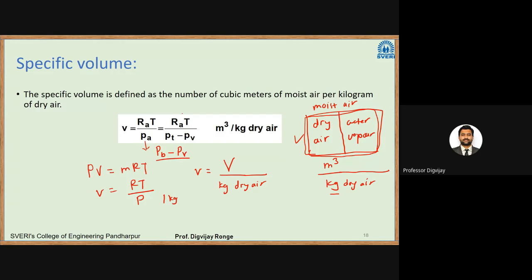So they have obtained this equation. Here R_a you can replace with its value, 287 joule per kg Kelvin, and simplify this equation as 287 T divided by (P_t minus P_v). So this is the specific volume.